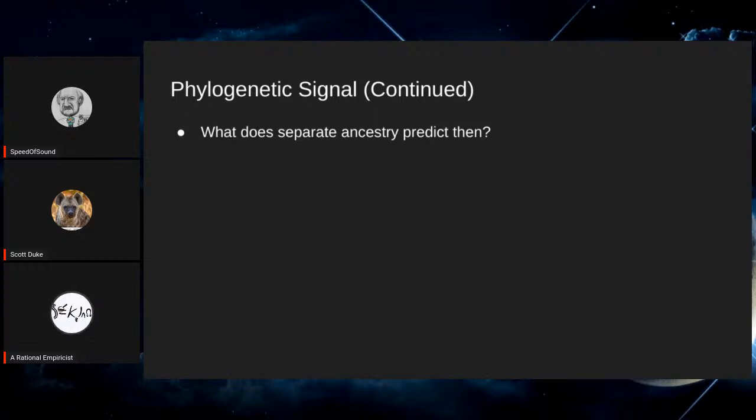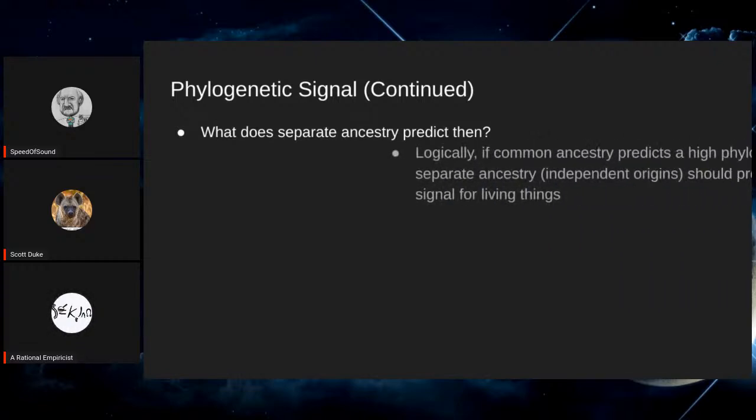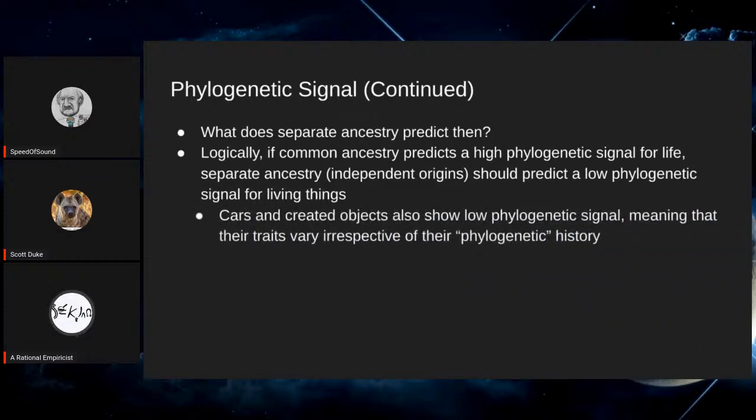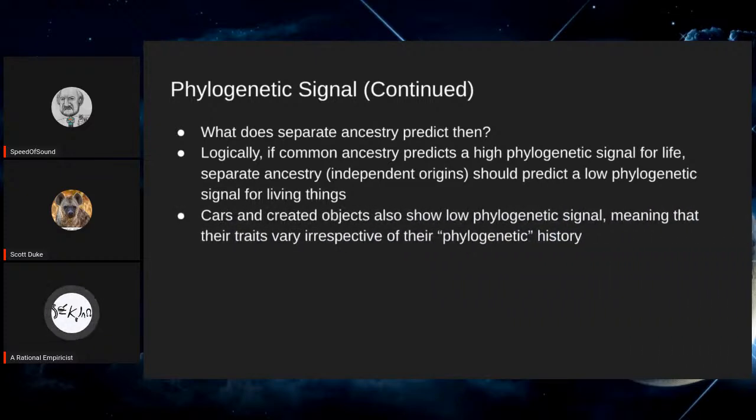So what does separate ancestry predict then in relation to common ancestry? Well, if common ancestry predicts a high phylogenetic signal for life, logically separate ancestry or independent origins should predict a low phylogenetic signal for living things. So for instance, cars, created objects, etc., they all show low phylogenetic signal, meaning their traits are not correlated in this cladistic way.